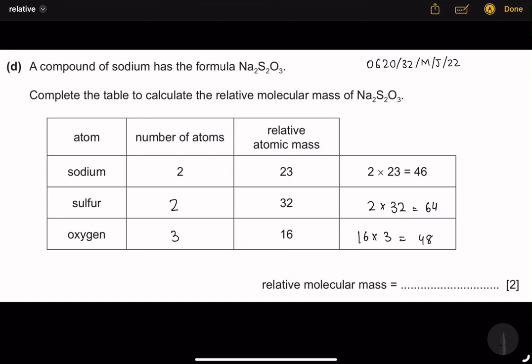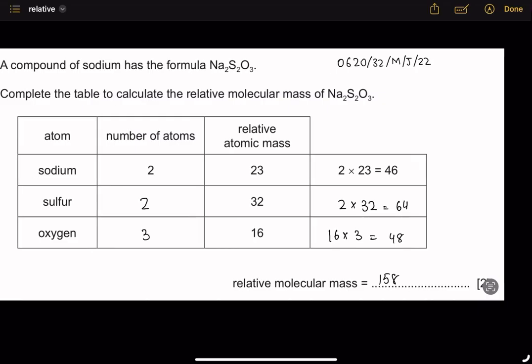And when we add all of these, we'll get 46 plus 48 plus 64 plus 0. We get 158 as our answer of the relative molecular mass of Na2S2O3.